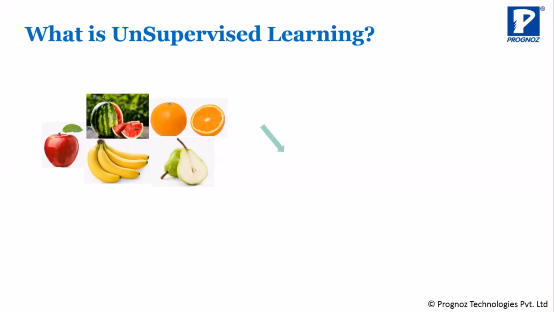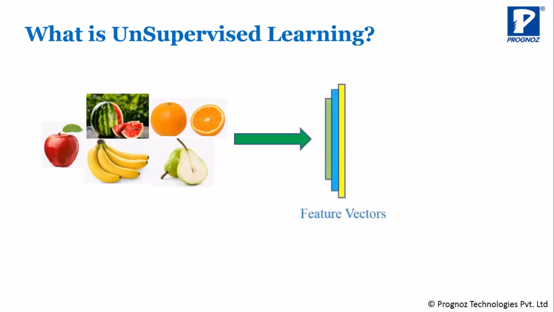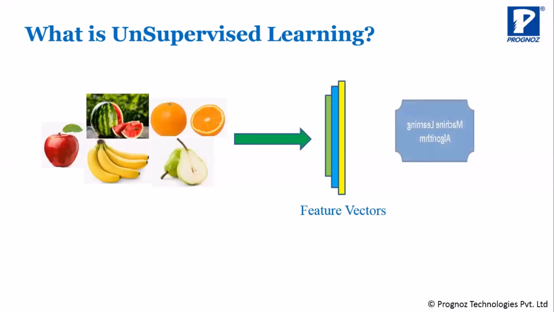Now what this machine will do, it will take this input and it will try to extract the common features. So for orange, I'll not give one orange, I'll give multiple oranges. I'll give multiple watermelons, I'll give multiple apples. So now my machine is going to extract all this information and then it will try to classify or categorize them. So the machine learning algorithm will take all this input and it will try to build a model.